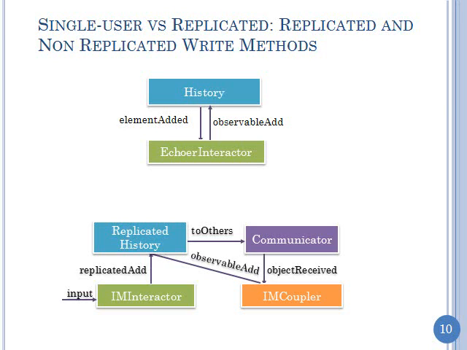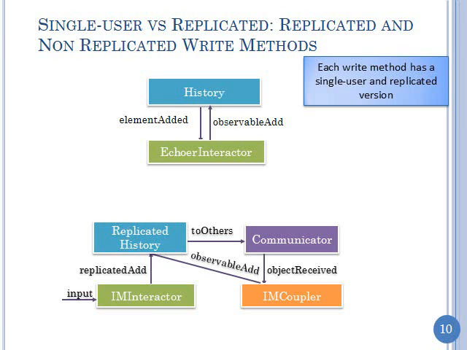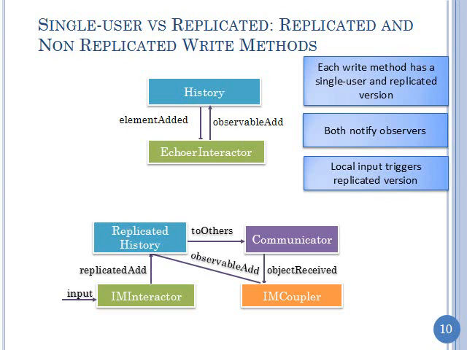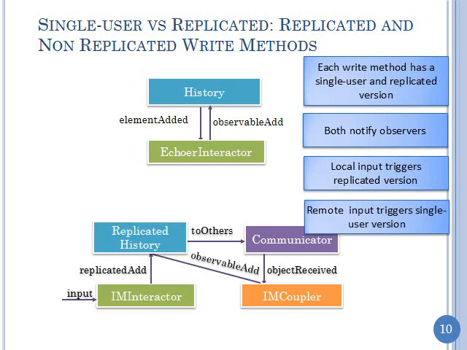Each write method in general, this has to do with add, you also have to pass status information if you've done the extra credit. So each write method has a single user version and a replicated version. Both notify observers. Local input triggers a replicated version. Remote input triggers a single user version. That's the general idea.